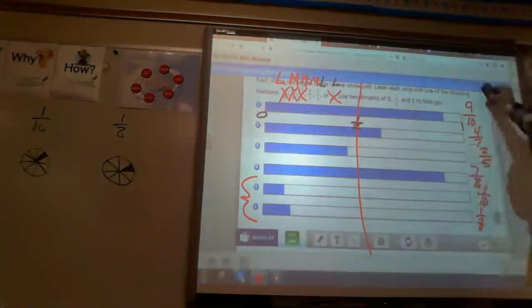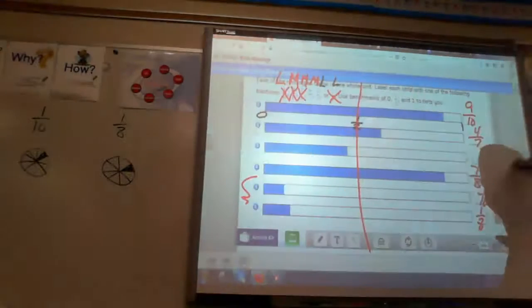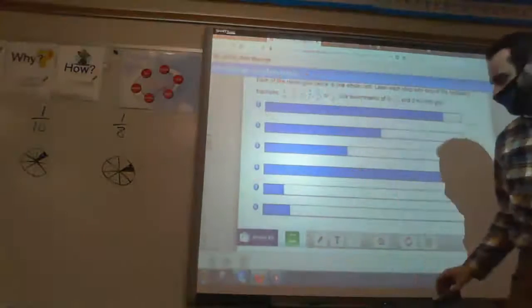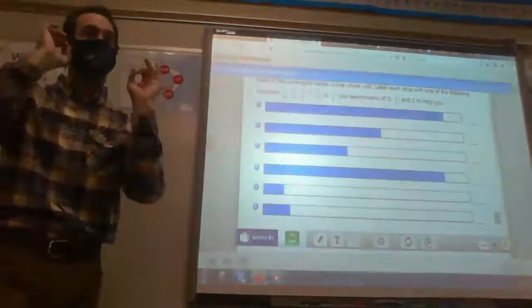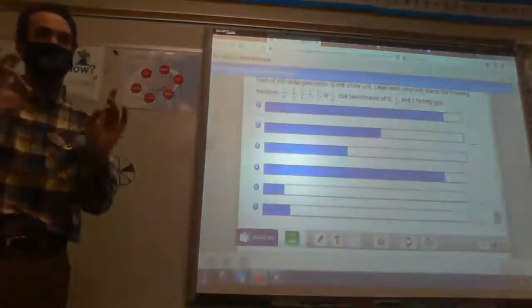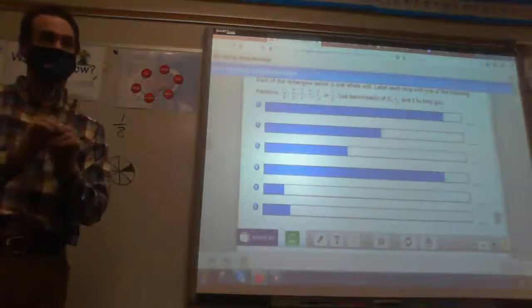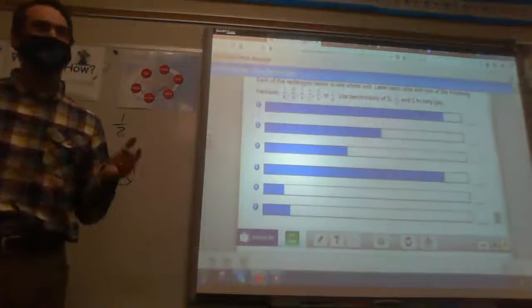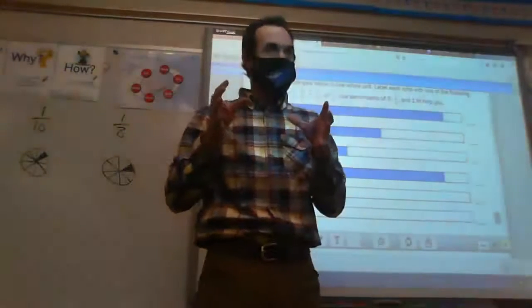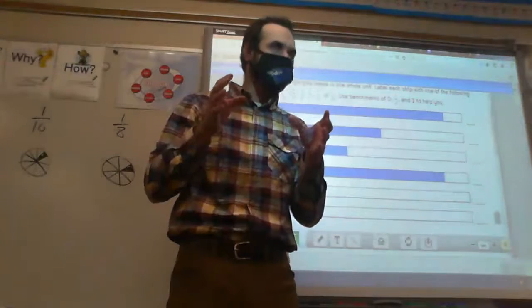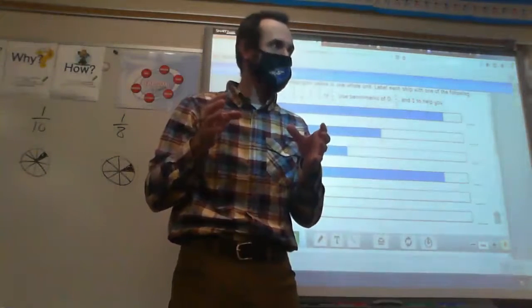Again, the thing to remember here, what's the rule? Well, there's 2 rules, but it's essentially the same. We're just saying it in different ways. The bigger the denominator, the smaller the pieces. Think about it. You get a cake for your birthday, and you cut it into 10 pieces.